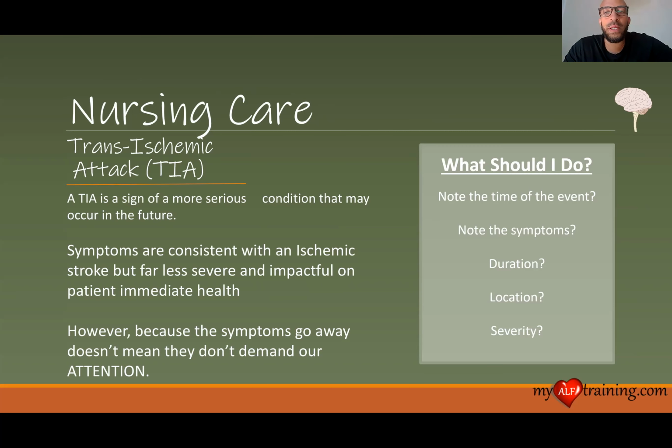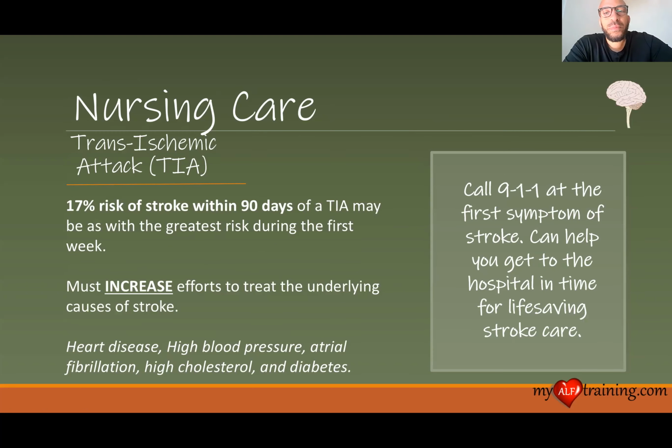So we want to make sure we consider all of those things if we note the patient complaining of those symptoms. Now, a TIA is, we talked about risk factors for stroke. A TIA is one of the strongest risks for an ischemic stroke because it increases your risk of having a stroke in 90 days by nearly 20%.